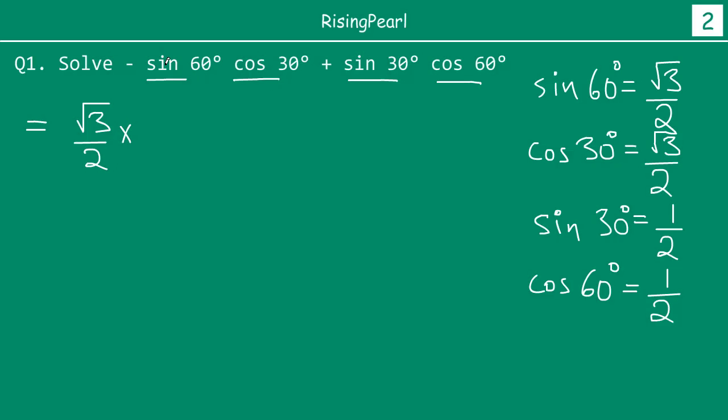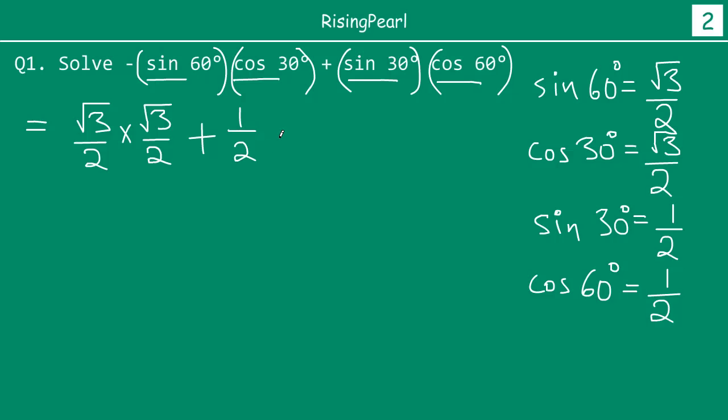When you do not have any sign, it basically means this multiply by this plus this multiply by this, right? So this is sine 60 degrees and cos 30 degrees is the same value. So this times this, square root 3 by 2, plus, which is this plus, sine 30 degrees is 1 by 2, 1 by 2 times 1 by 2.